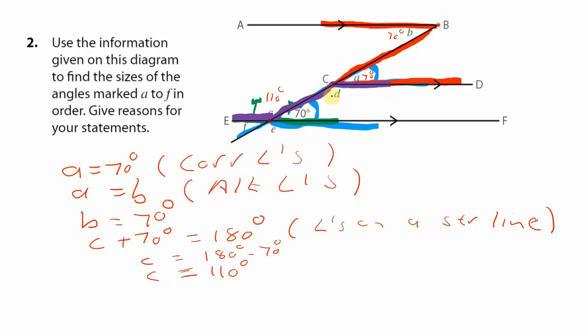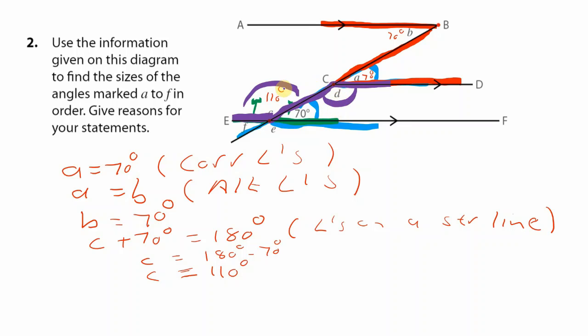So we have alternating angles between parallel lines. So we have our transversal, it cuts through two parallel lines. So we have alternating angles.